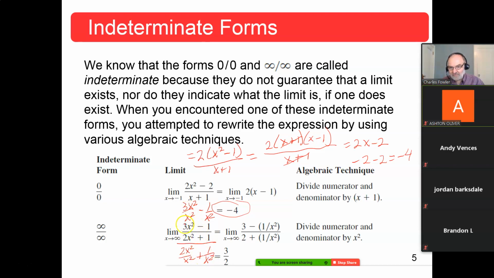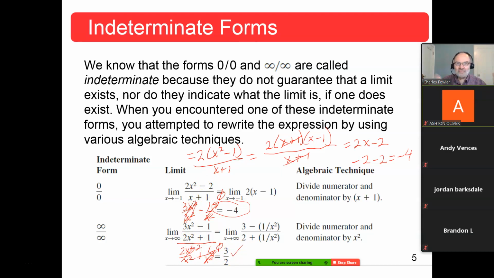Okay? Well, this goes to 3. This goes to 0, because 1 over an incredibly large number is going to 0. This is going to 2, and this is going to 0. So you got 3 over 2, 3 halves. That does have a limit.